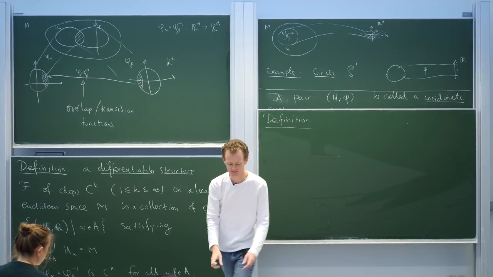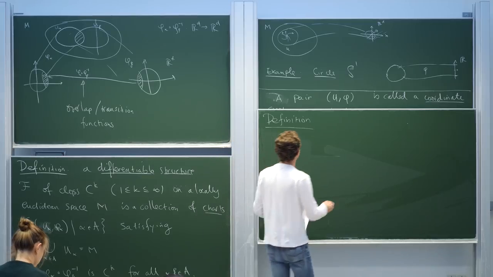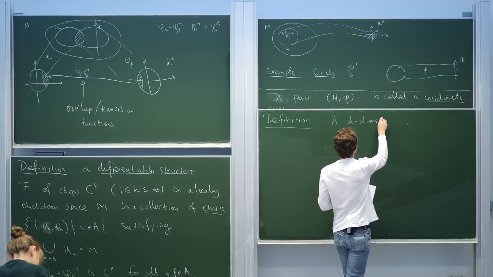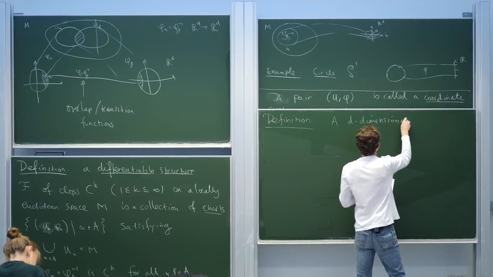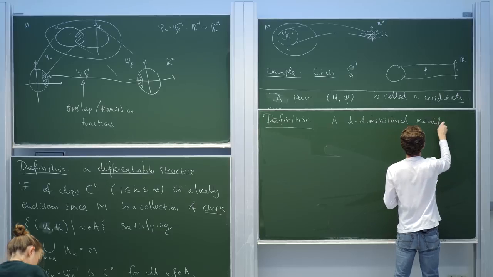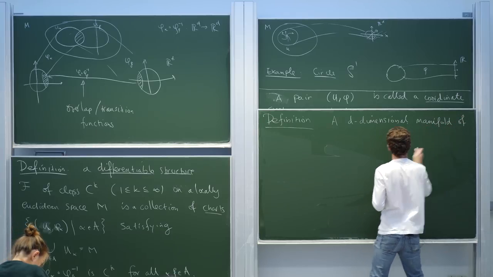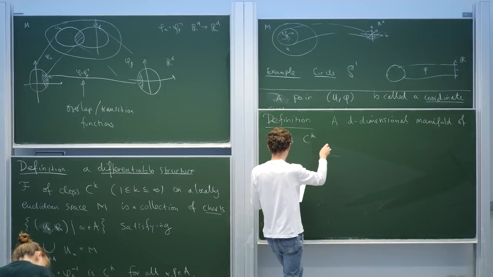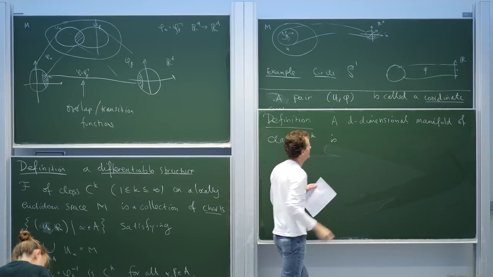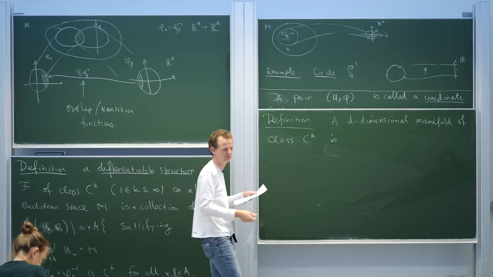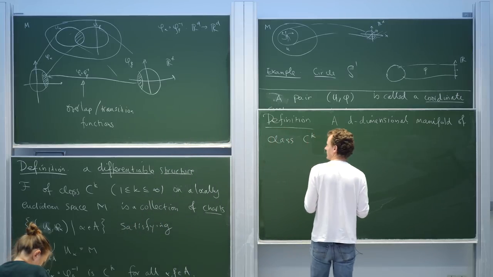All right, here it is. So a d-dimensional manifold. What is a d-dimensional manifold of class C to the k? Well, it's got to be a locally Euclidean space with a differentiable structure of class C to the k.